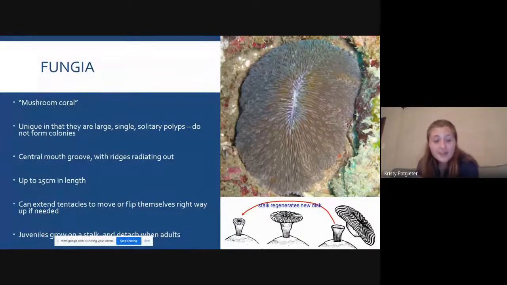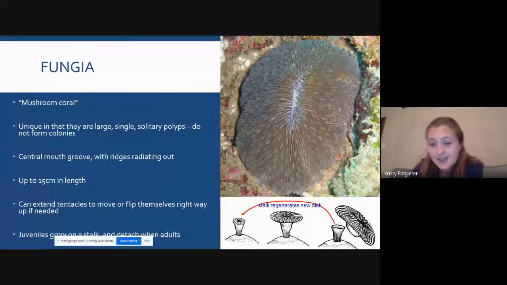The cool thing about these guys as well is that the babies actually grow on a little stalk. Okay, so you have your coral larvae floating around in the plankton. Once it is mature enough, it'll find a place on the reef to settle. It'll stick itself there and grow a little stalk. Then the baby mushroom coral will grow on that stalk.